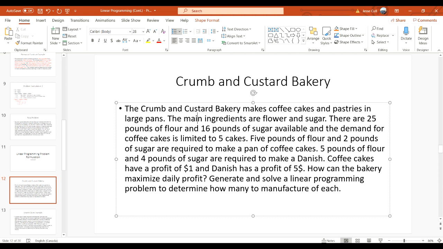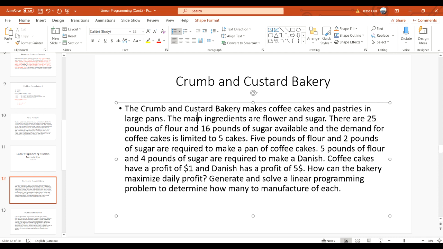Coffee cakes have a profit of $1 and Danish has a profit of $5. How can the bakery maximize daily profit? Generate and solve a linear programming problem to determine how many to manufacture of each.